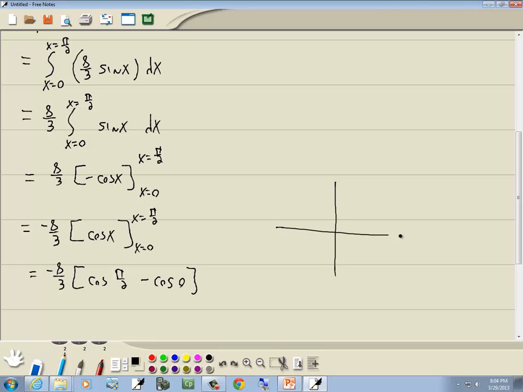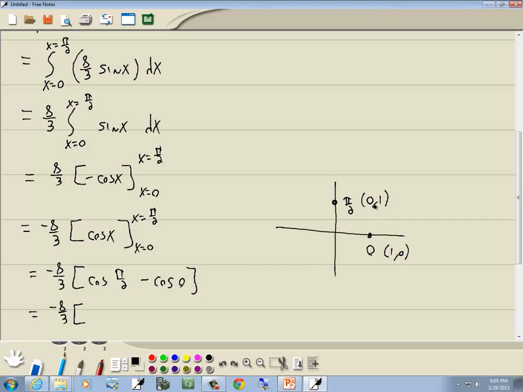And if we look on our unit circle, here's pi over 2, and this point would be 0, 1. And this point over here is 0, which would be 1, 0. When I say 0, I'm talking about the angle. Now remember, cosine is the x part of our point.